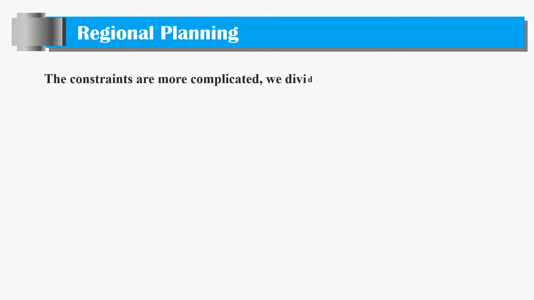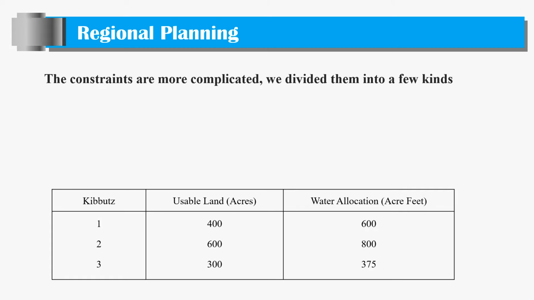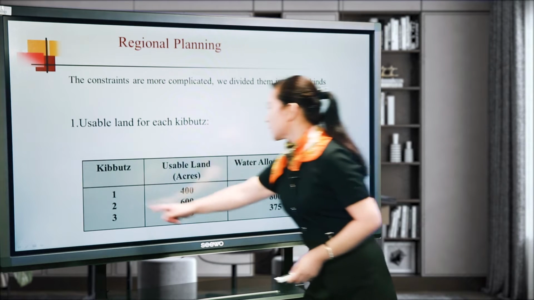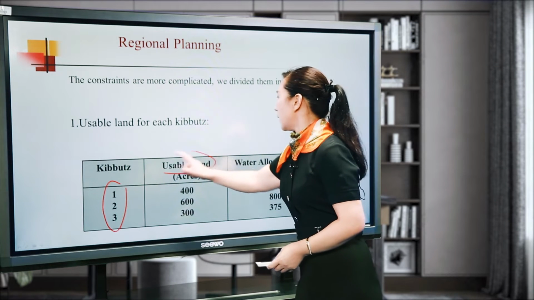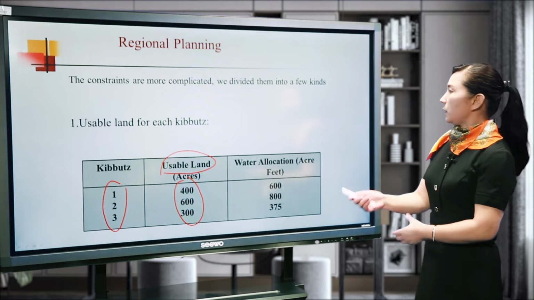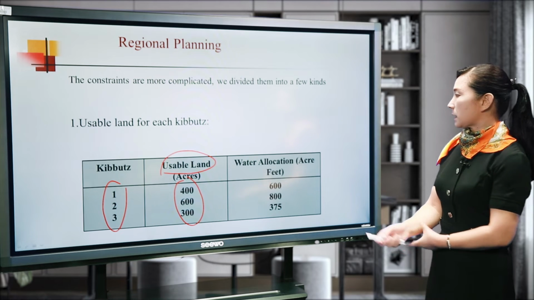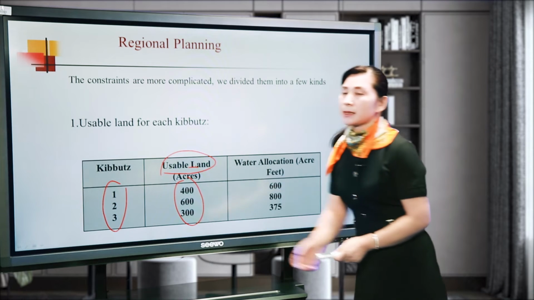And in this problem, the constraints are more complicated. We divided them into a few types. Now we see type 1: usable land for each kibbutz. We know in this table, each kibbutz has usable land in this column. And in each kibbutz, the used land must be less than these numbers.